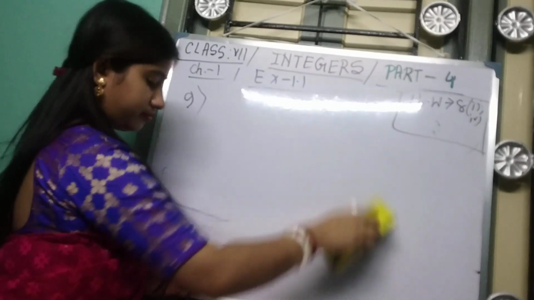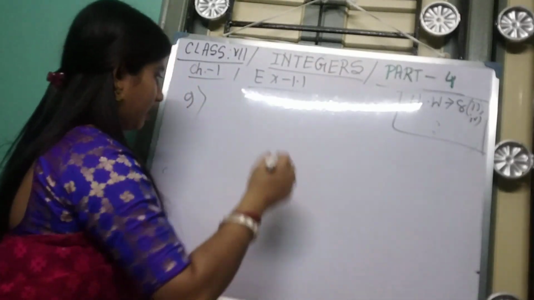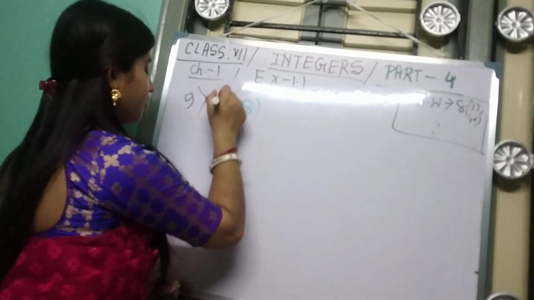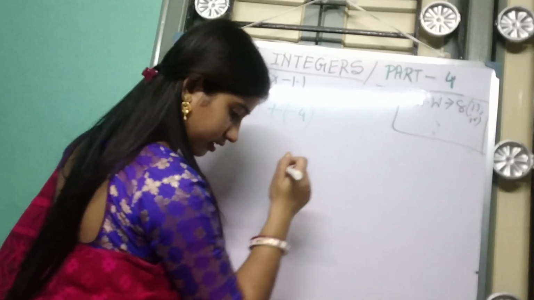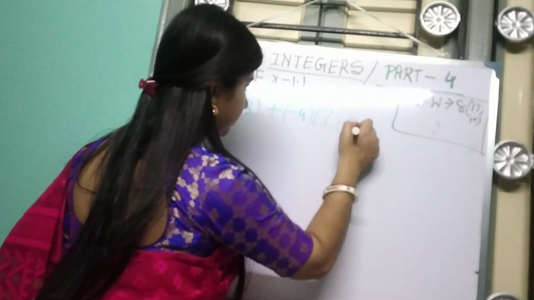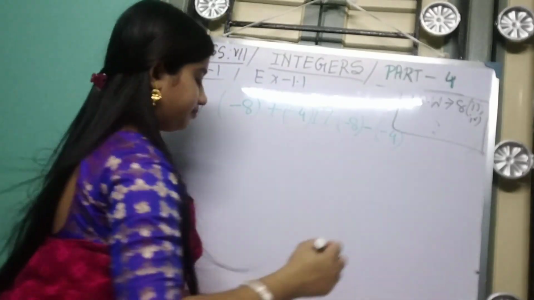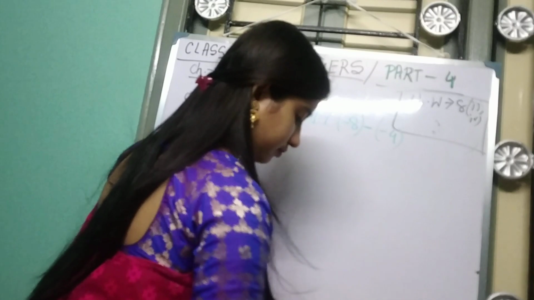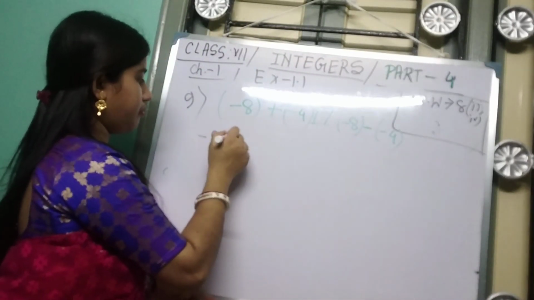The first statement, number a, is -8 plus within bracket -4, and here is the box, next -8 minus of -4. Now first we try this side: -8 plus of -4.